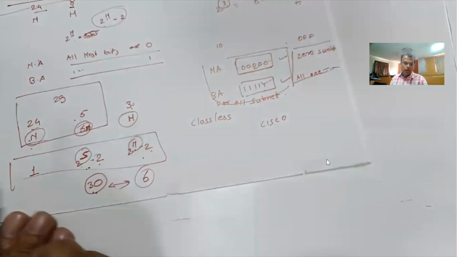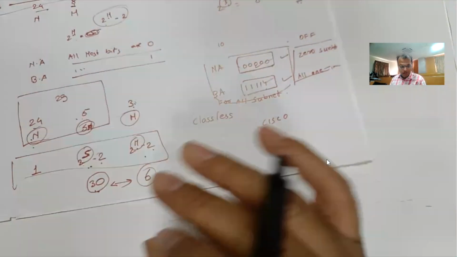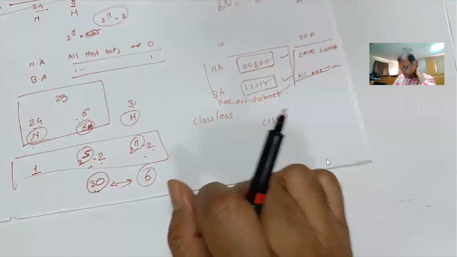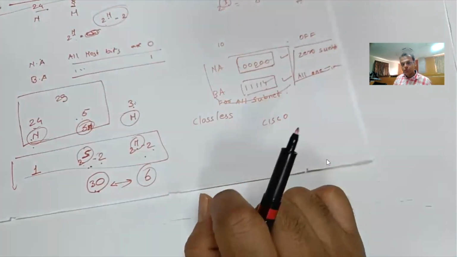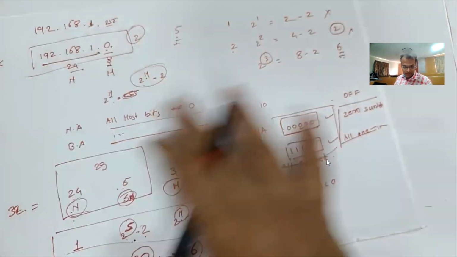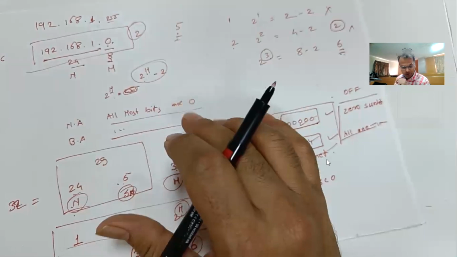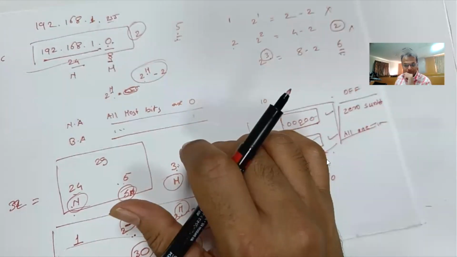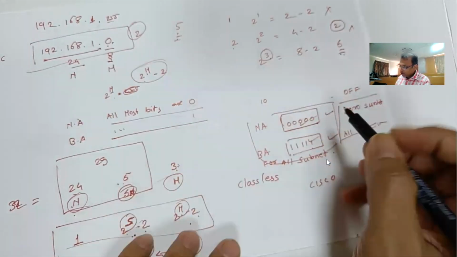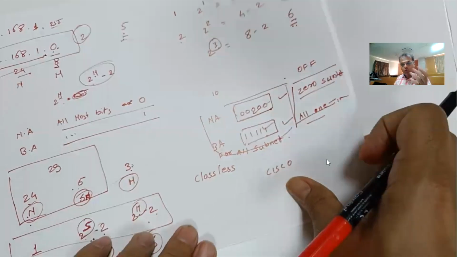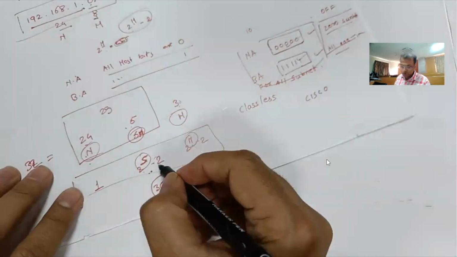So this is the actual answer. If you have not understood this, let us try to solve one example here. Depending on the values we get, I'll tell you what the 0 subnet is, what the all 1 subnet is, and what happens to these 2 subnets.